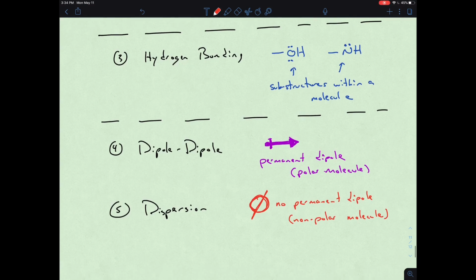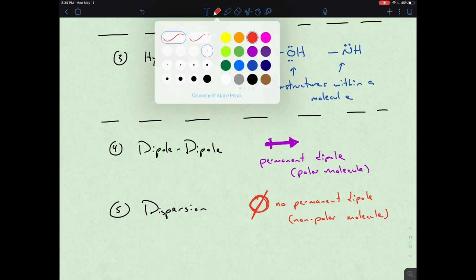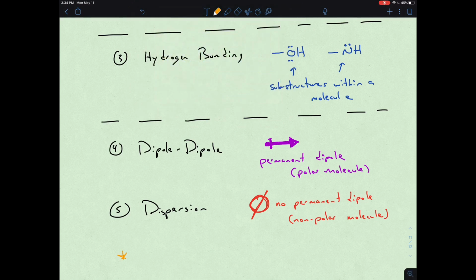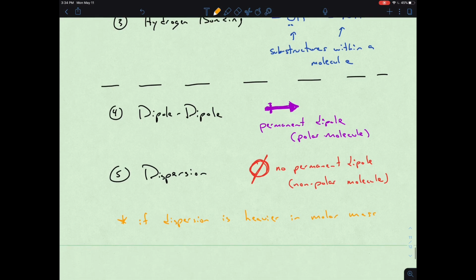And so remember with these, it's generally ranked in order, but for dispersion, if dispersion is heavier in molar mass by 20%.